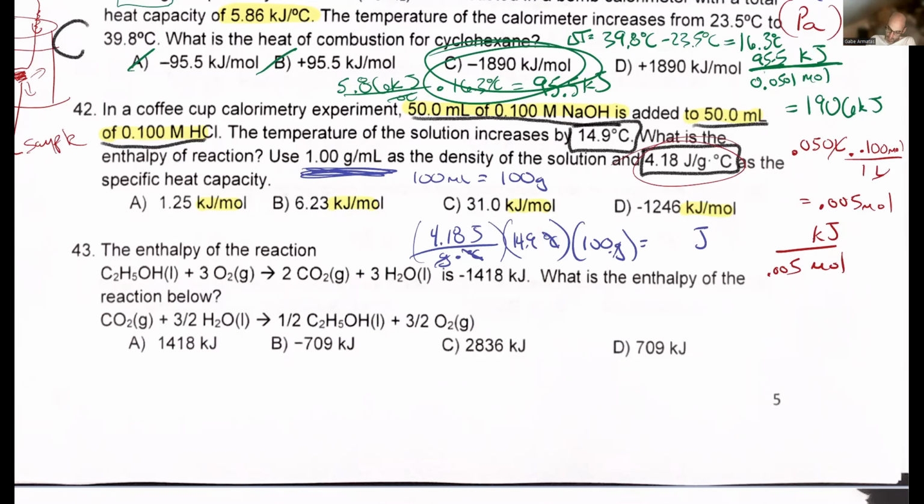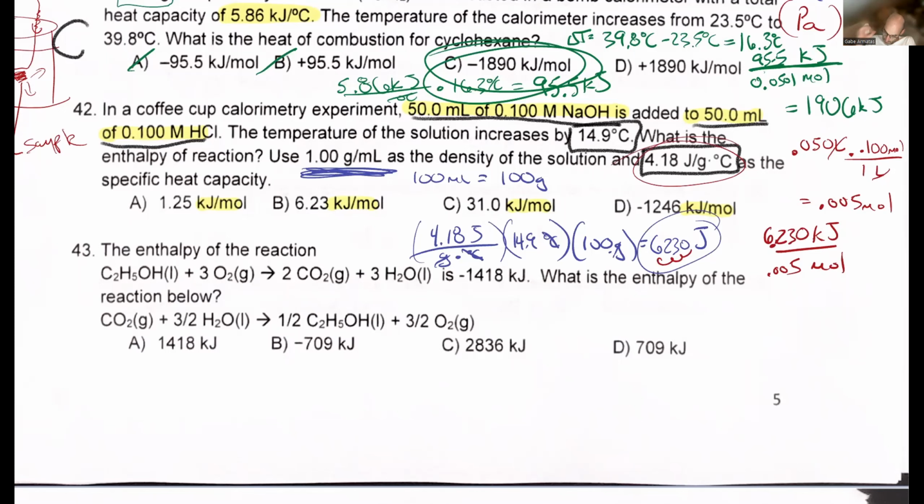So 4.18 times 14.9, times 100, gives me 6,230 joules of energy. But we need this in kilojoules. So let's convert this to kilojoules, which is just move the decimal 3 times, 6.230 kilojoules.